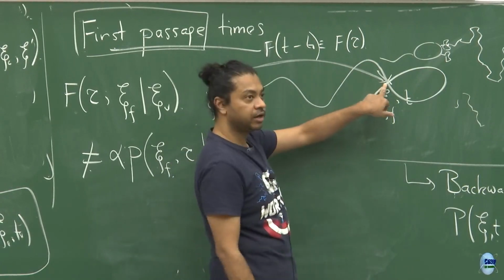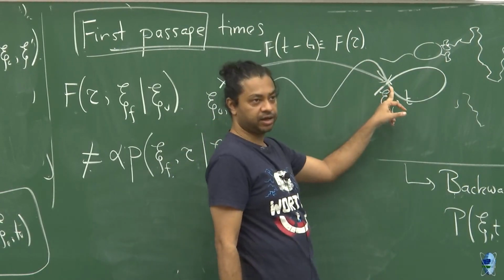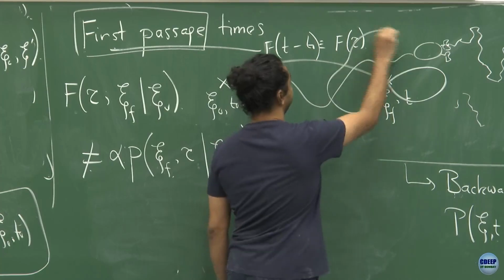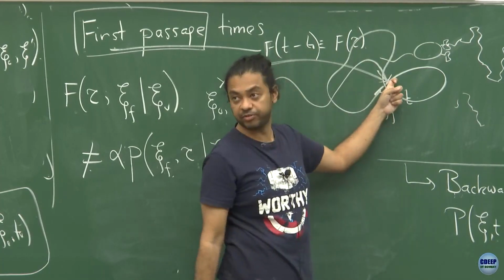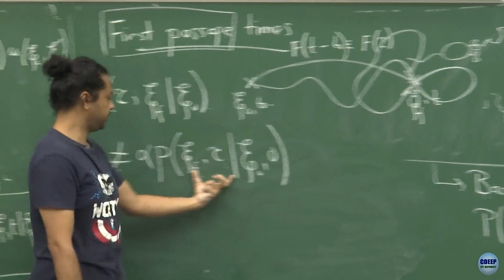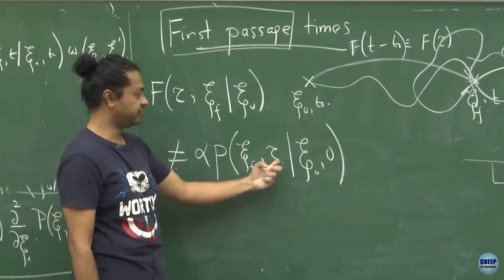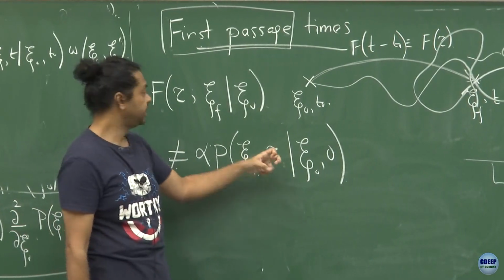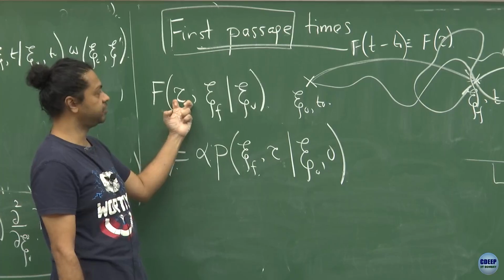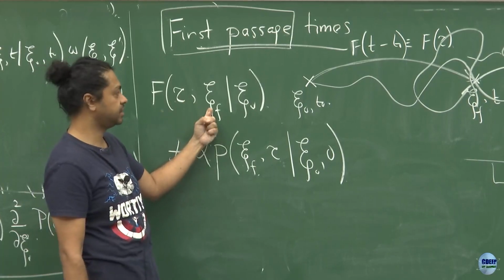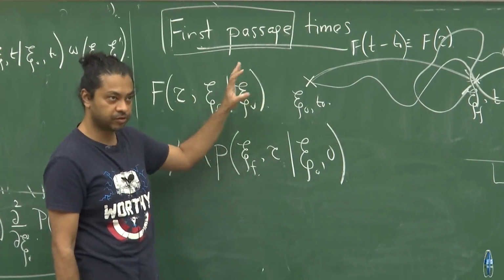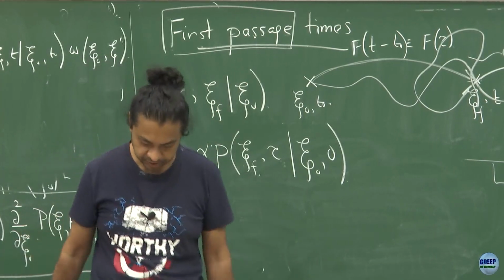So you were here and then you come back here after some time. You can make multiple visits to this same state. So this probability that you were at psi f after some time tau is distinct from this probability distribution of times when you visited this site psi f for the first time. So these are two distinct things. That is the first thing.